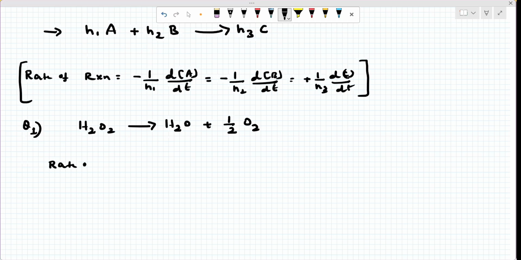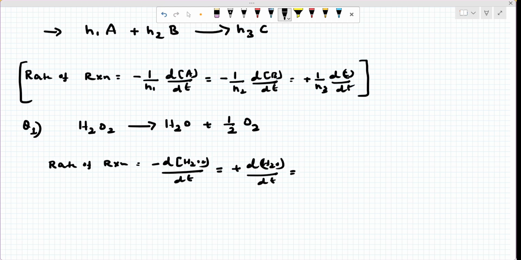Rate of reaction equals minus d[H2O2] by dt, that equals plus d[H2O] by dt, that equals plus 2 d[O2] by dt. Please note.